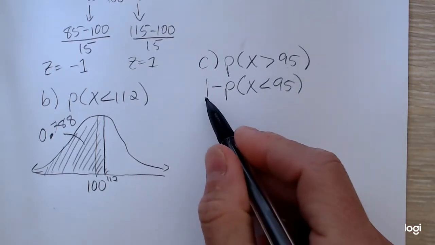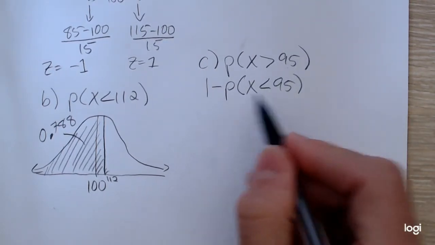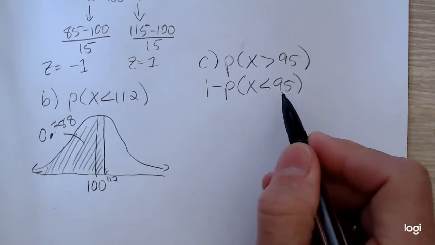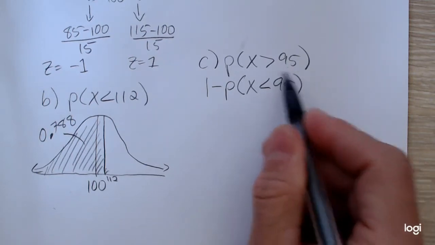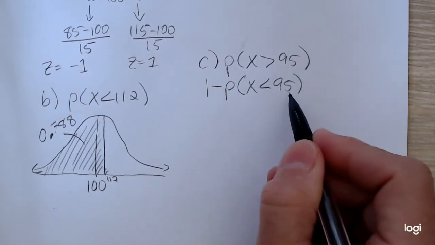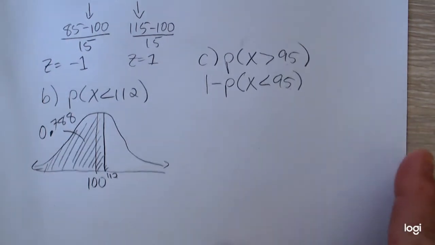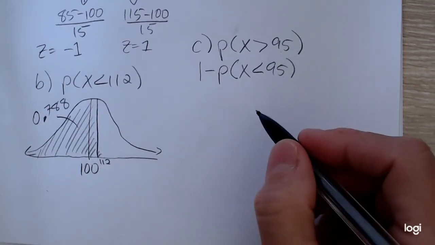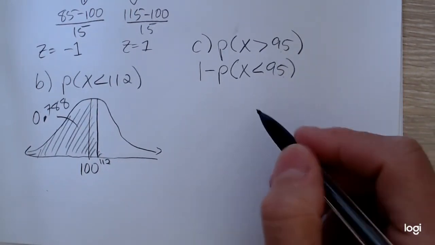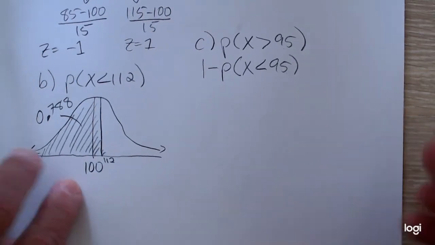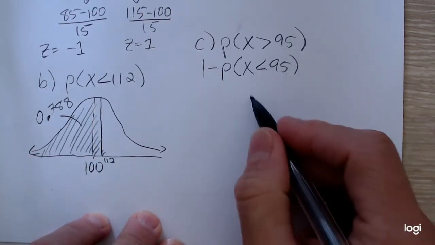So to use your table, it would be 1 minus the probability x is less than 95, and you can standardize that z-score. But using the calculator's normal CDF function, we don't have to subtract from 1.